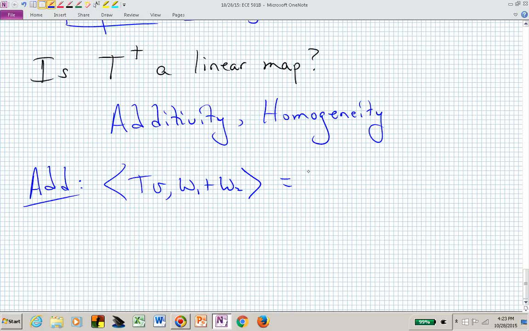So we can write this as a sum of two inner products because of additivity of the second slot: TV, comma W1 plus TV, comma W2.